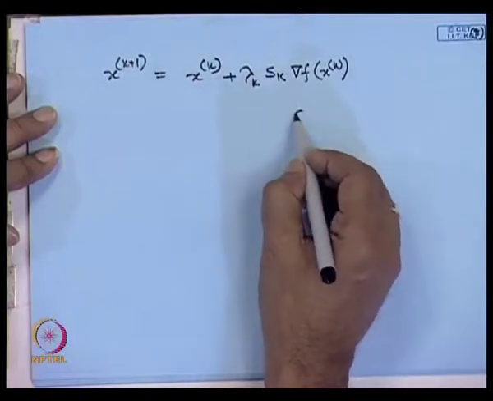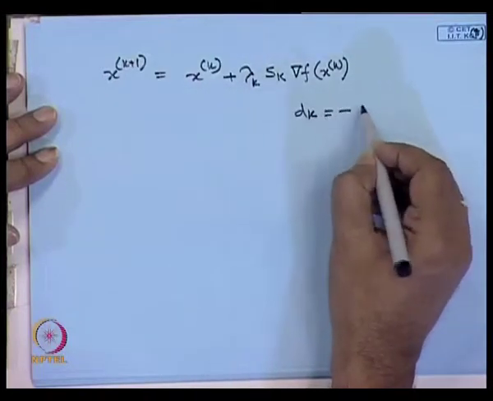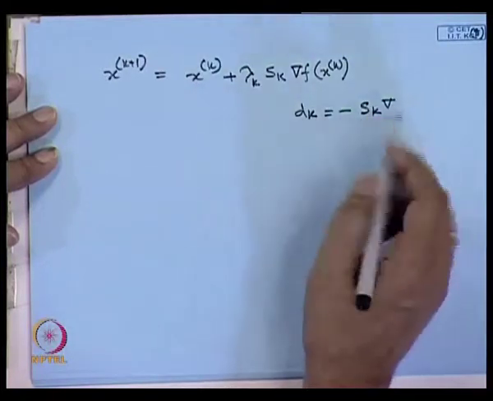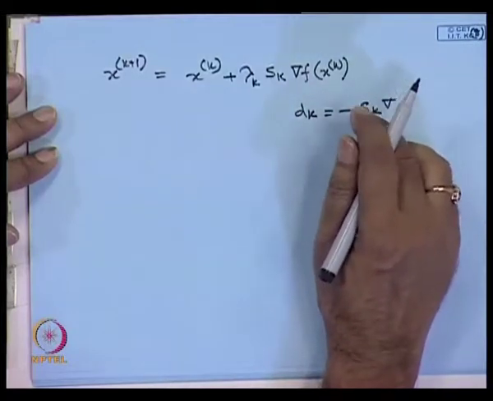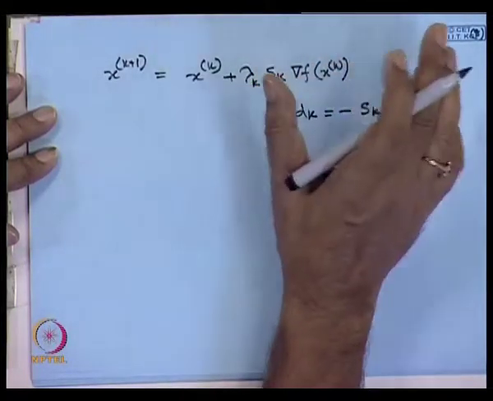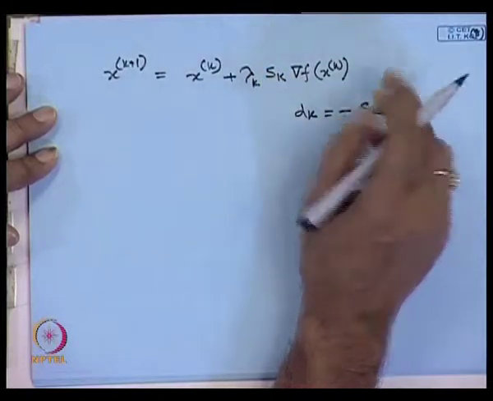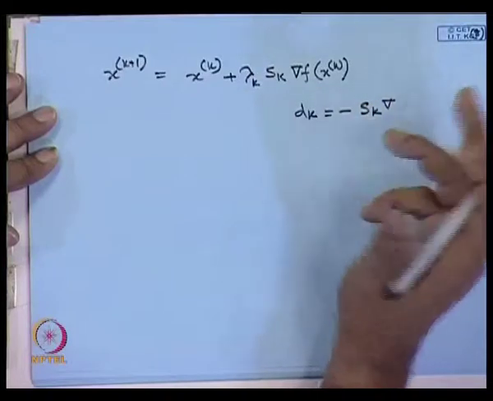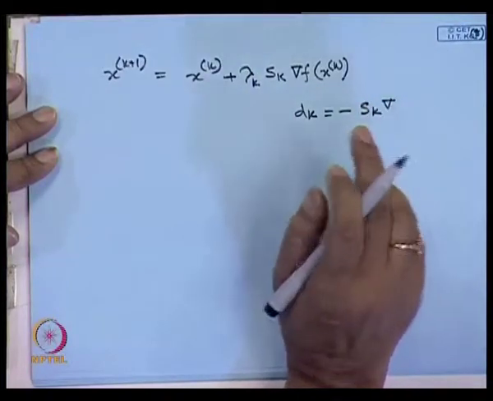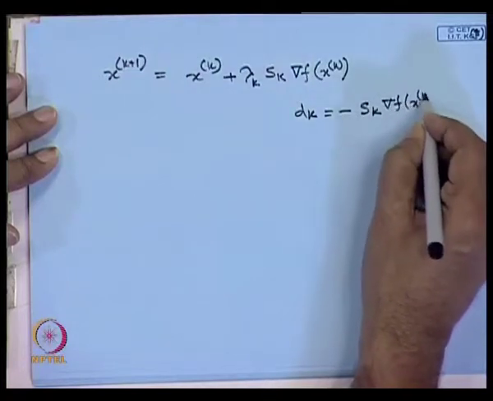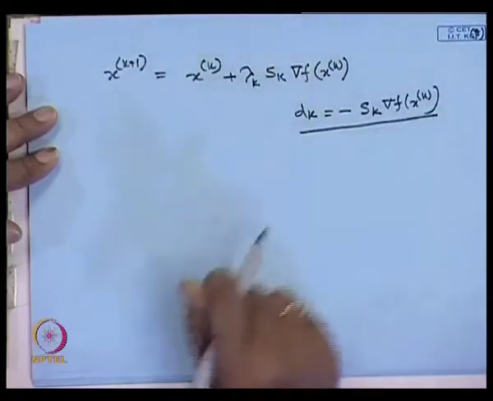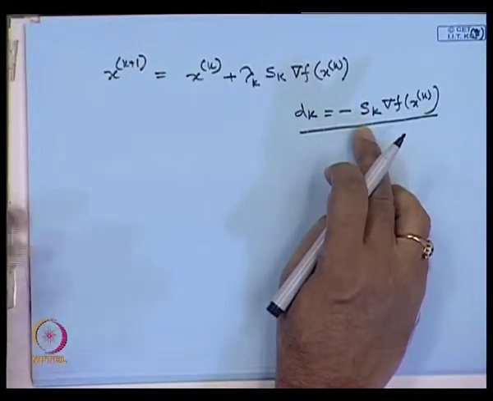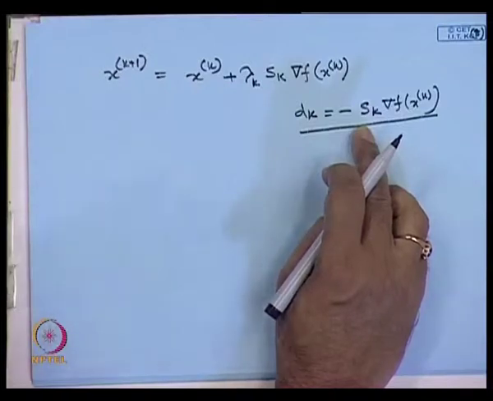Therefore, our search direction d k is equal to minus S k times the gradient. S k is a positive definite matrix, which replaces the Hessian matrix inversion. So this is our direction method. So long as S k is a positive definite matrix, the condition of descent direction of the function is satisfied.